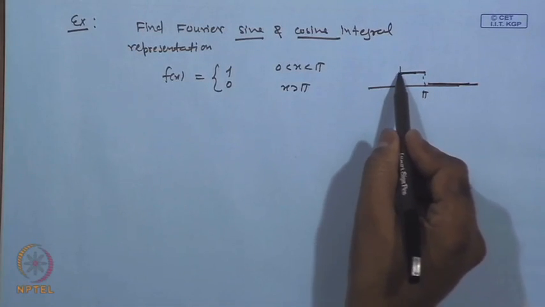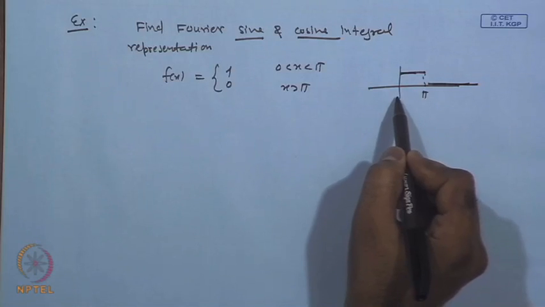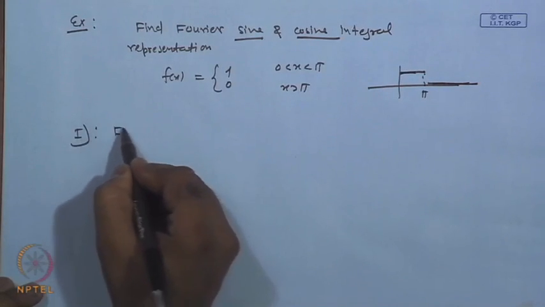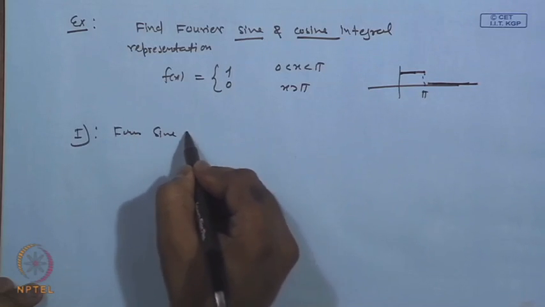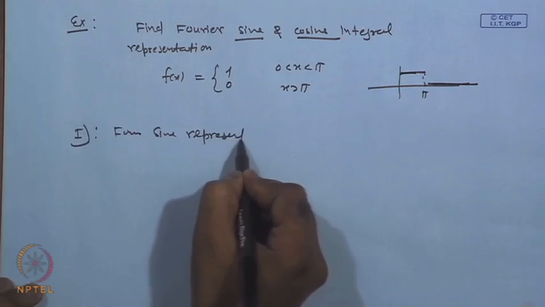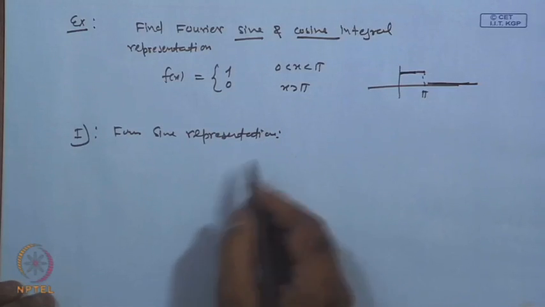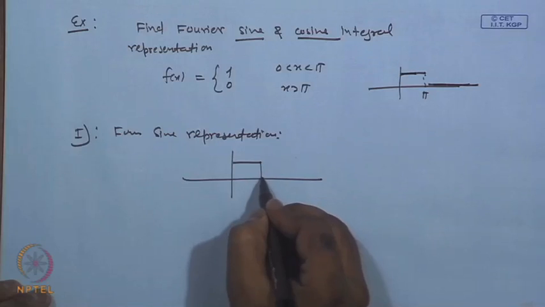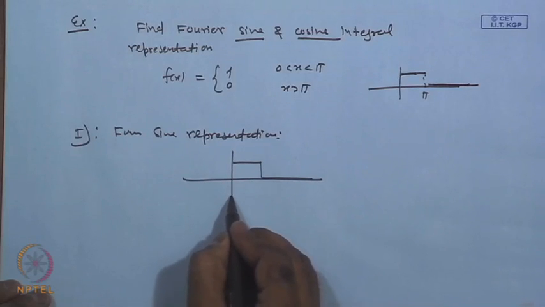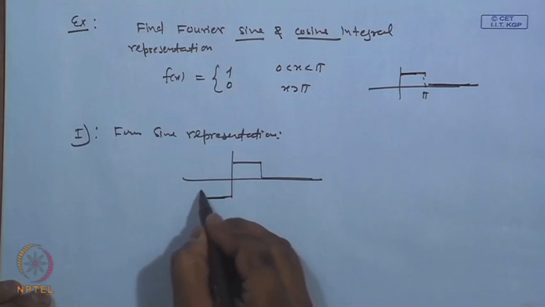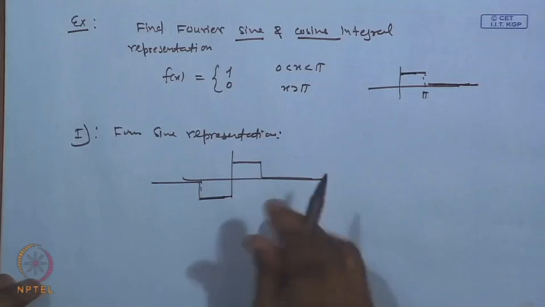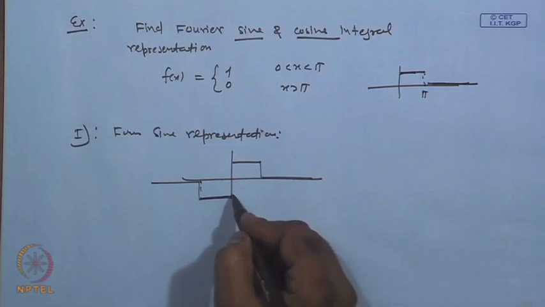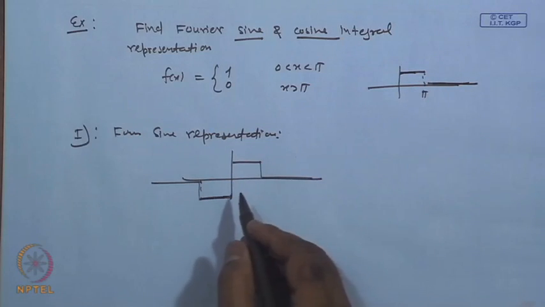So, for the sine integral we will have the odd extension, so let us just go for the Fourier sine representation. In this case, we can extend that function which is given here as an odd function. So, this and then 0. Now for the new function, this is the continuation to the given function in the left axis.